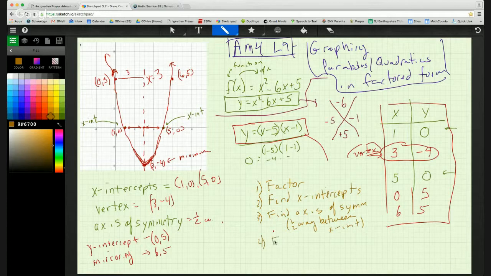And then we find our vertex by plugging in our axis of symmetry value for x. So again, our axis of symmetry was x equals 3, so we put a 3 in for x. That's step 4.